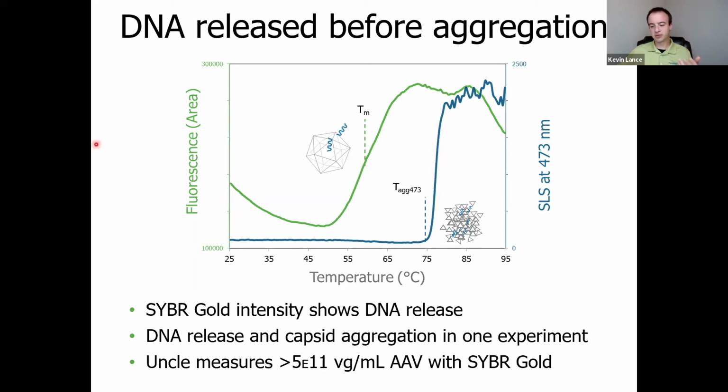This is something that we've seen now with 4, 5, 6 serotypes, and every single one has a slightly different behavior and varies based on the buffer that it's in as well. So very important to understand since it actually shows DNA release well before capsid unfolding for proteins. And it's something that you can only see with full spectrum fluorescence using a DNA sensitive dye like SYBR Gold.